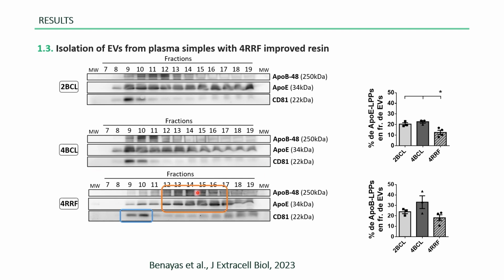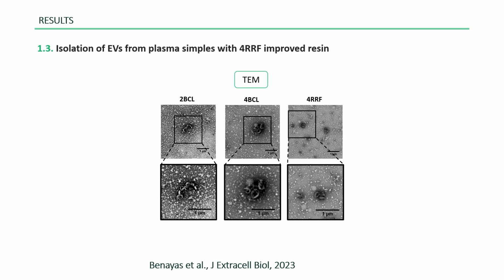The lipoproteins are better resolved from EVs in the fractions, while in 2BCl or 4BCl, the contamination of EV fractions with lipoprotein is much higher. And this is also clear in the electron microscopy. You do see some lipoproteins in the background, but remember that you have 1,000 times more lipoprotein particles than vesicles in plasma.